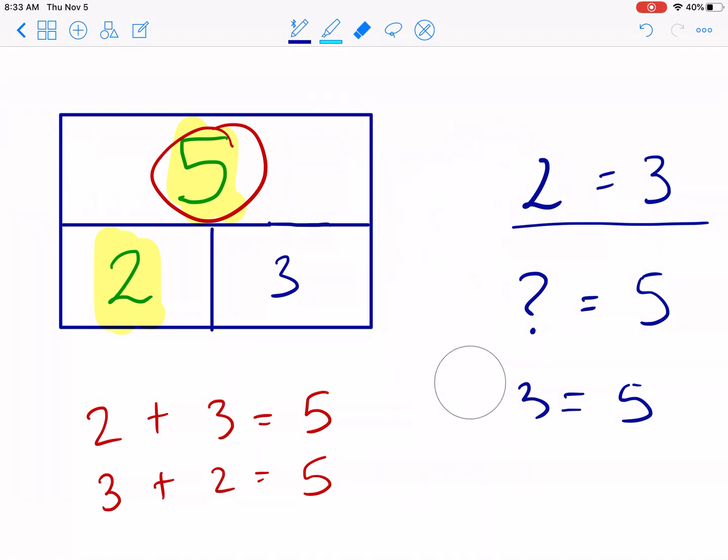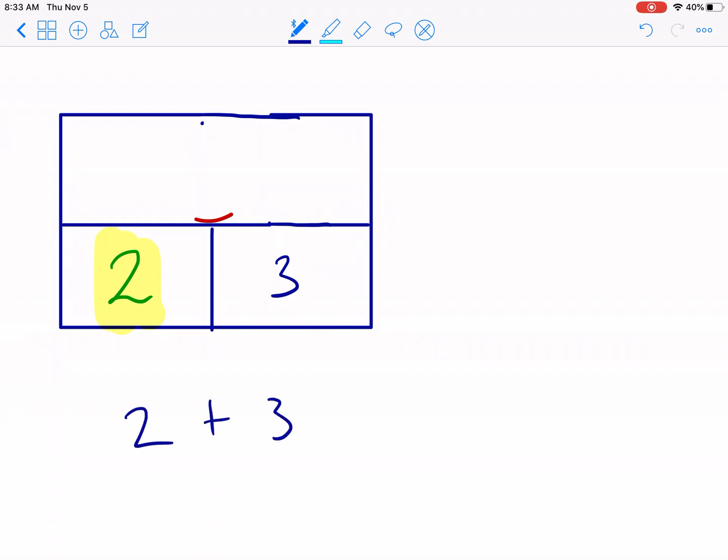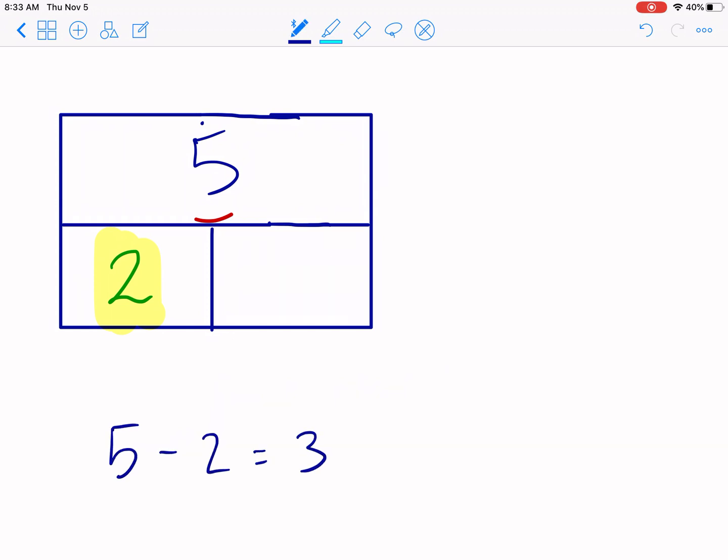So what I like to think about, if you have 2 parts and your whole, we're going to add to fill in the box. If you have your whole and one part, we know we need to subtract, so that would be 5 minus 2 equals 3. And we're going to go from there. And this is really developing some conceptual understanding for when we work on word problems.